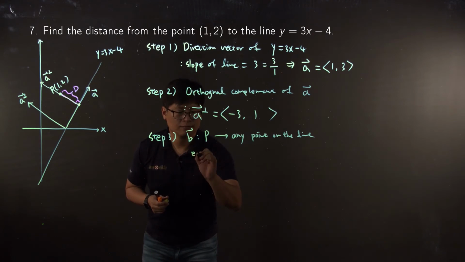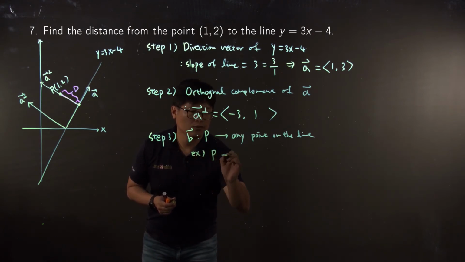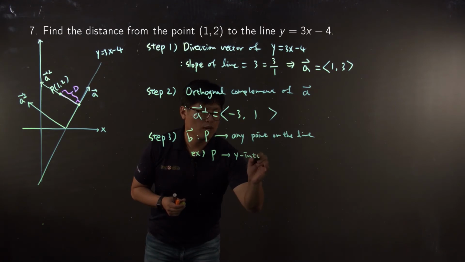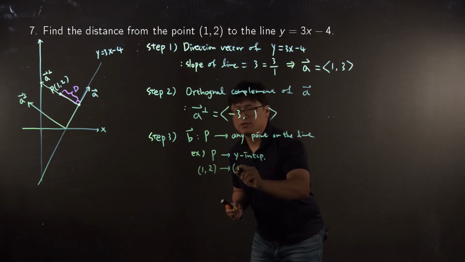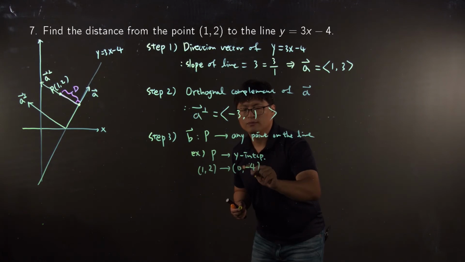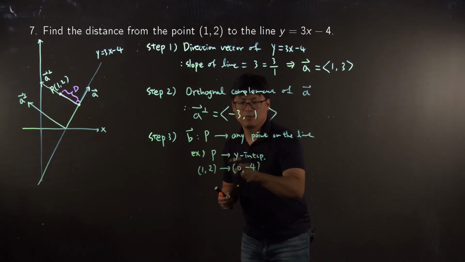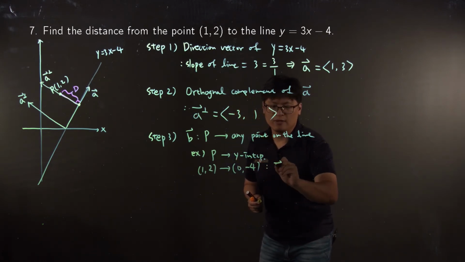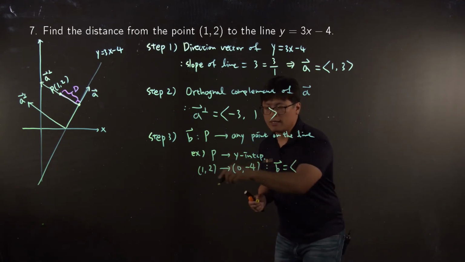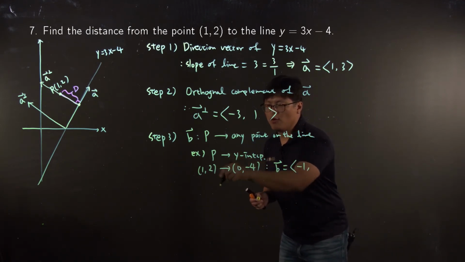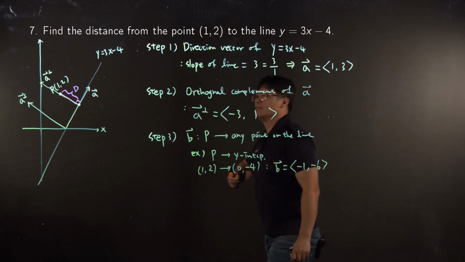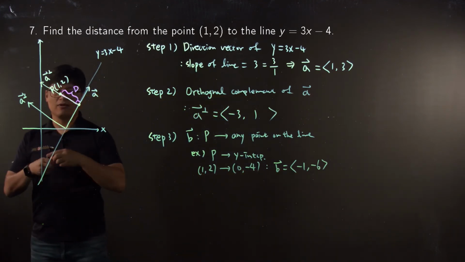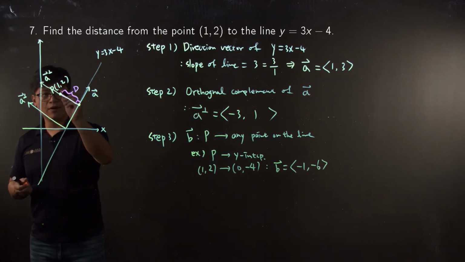P is (1, 2), and the y-intercept is (0, -4). So your vector B is equal to (0 minus 1, -4 minus 2). Is that okay? Basically that vector is from here to here.